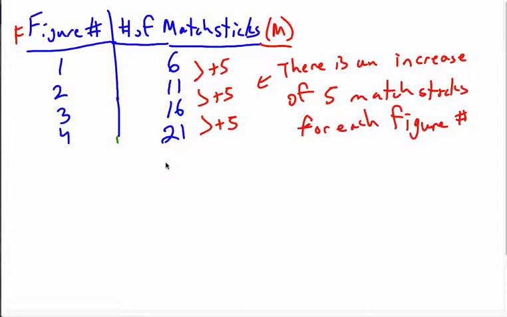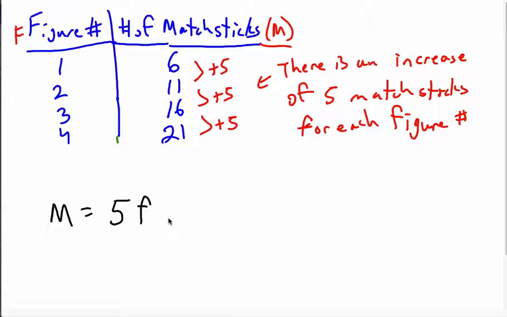So here the general rule is going to be number of matchsticks equals, and we're increasing by 5 for each figure number. So that means we're going to have a 5 times f here. Okay, 5f means 5 times f. We're going to have a 5f here because it's increasing by 5 for each figure number. So if it was figure number 100, you do 5 times 100.